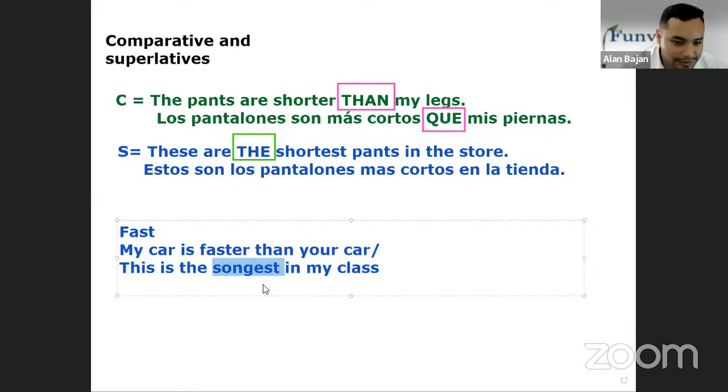What means songest? I want to say son, como sonadas, lo más sonado. No sé, creo que eso está mal estructurada.